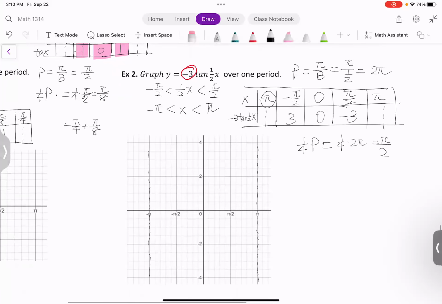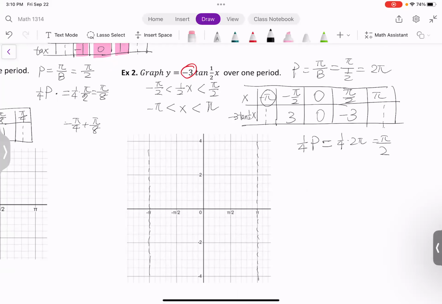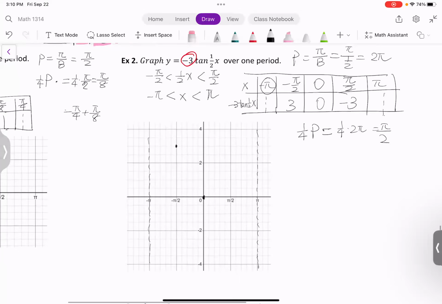So let's plot negative 1/2 pi, 3. The second point is 0, at y equals 0. The next point is negative 3. So my graph looks like this. It's not very good looking.